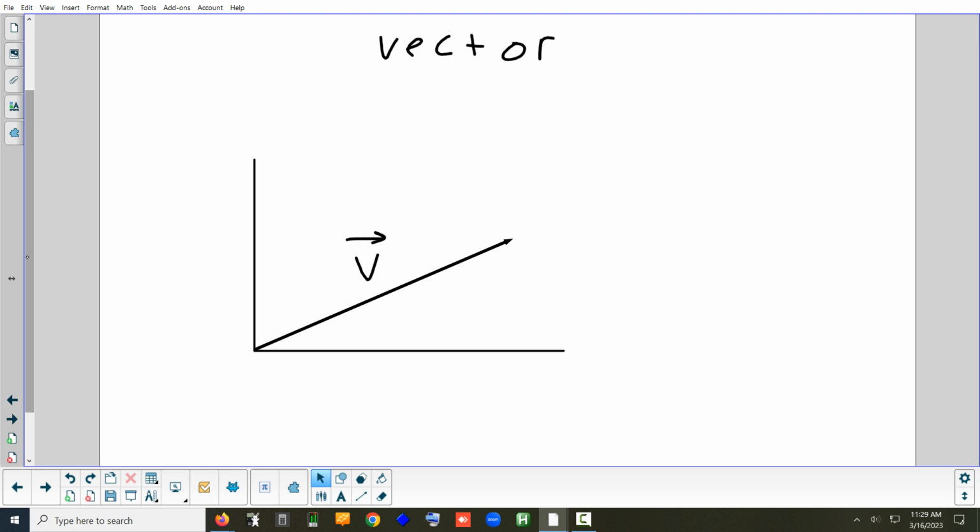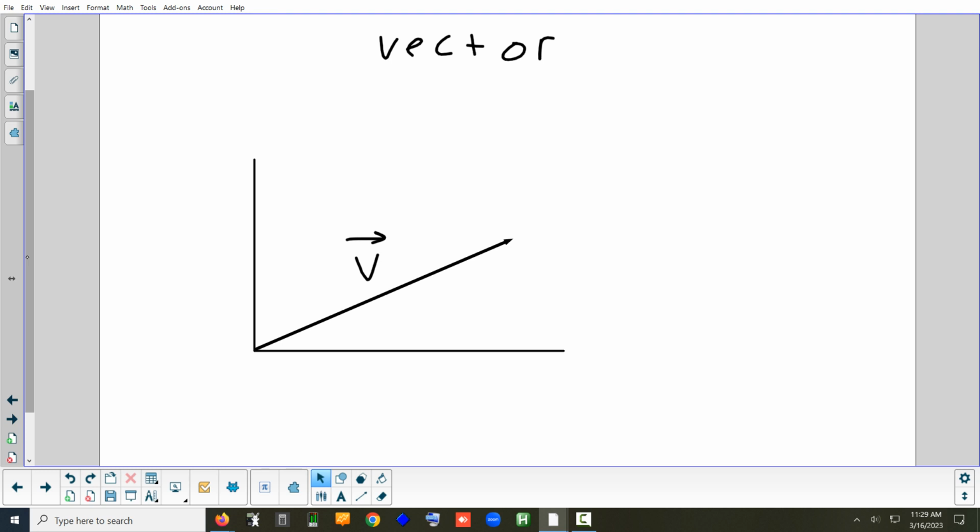So how do you think we would describe, if you're looking at this diagram, the direction that arrow is pointing? I'm thinking of something that would tell you exactly how it's pointing. Yeah, the degrees from the initial.